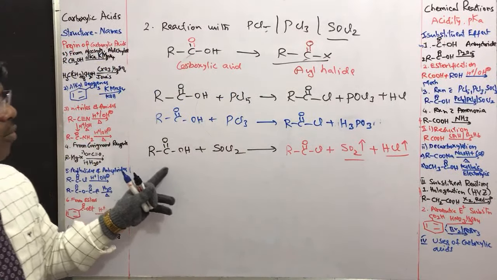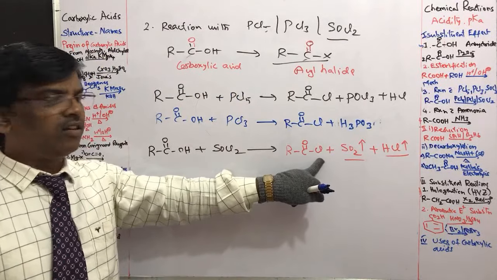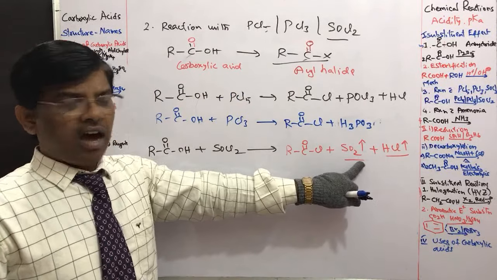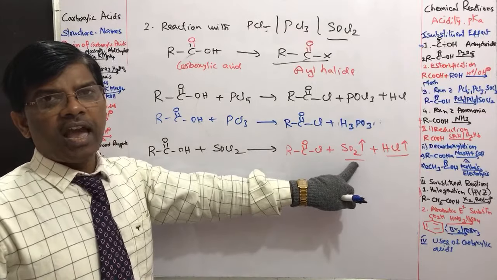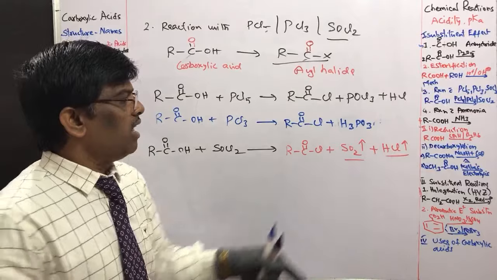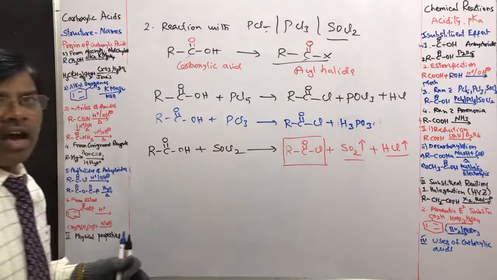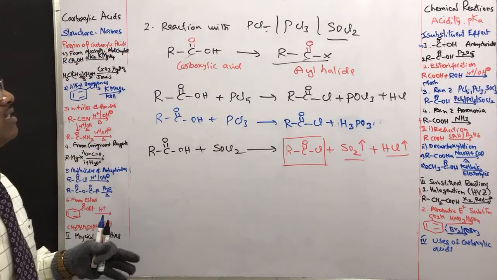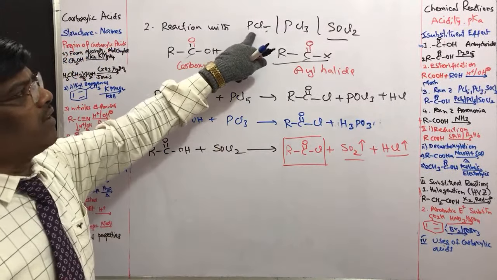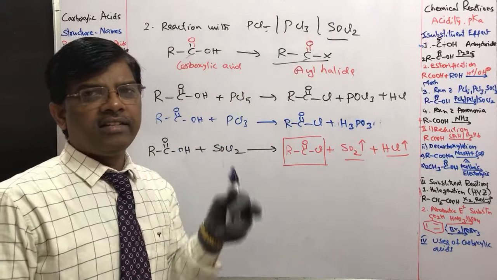Right, students? So carboxylic acid in the presence of thionyl chloride gives acid chloride, and the sulfur part goes out as sulfur dioxide along with HCl. These two are volatile, and I can simply get this acid chloride and use it for other reactions. So this is how reaction with phosphorus halogens forms acid halides. Next.